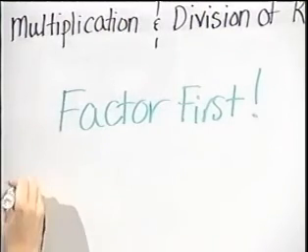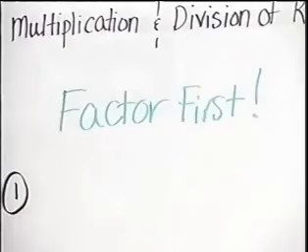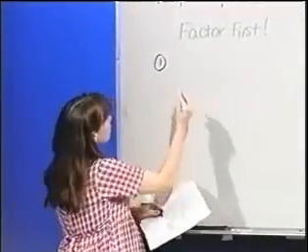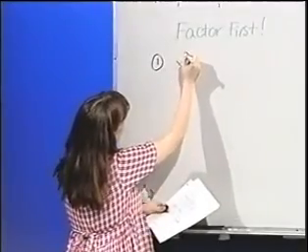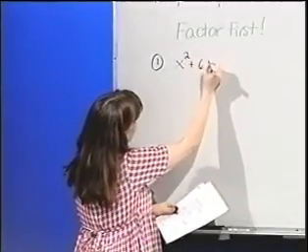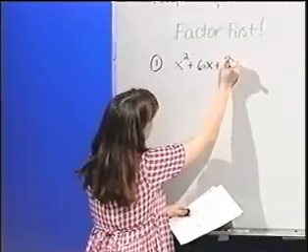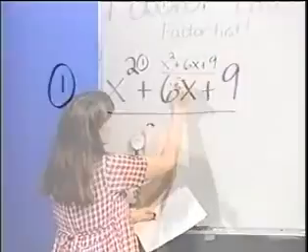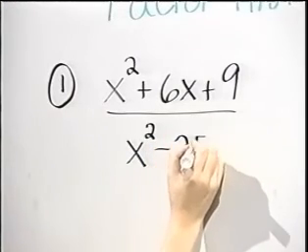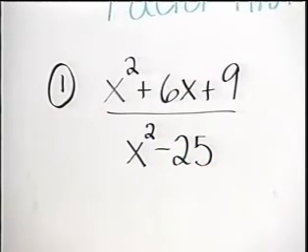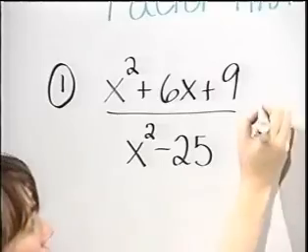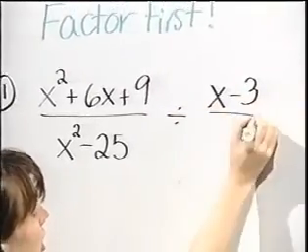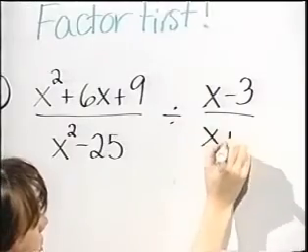Let's look at example number 1. I'm going to divide two rational expressions. Let's take x squared plus 6x plus 9 over x squared minus 25, and let's divide this by the rational expression x minus 3 over x plus 5.